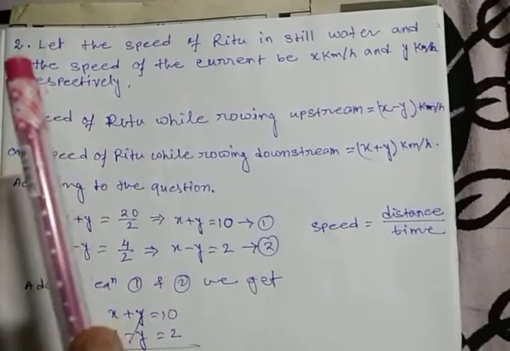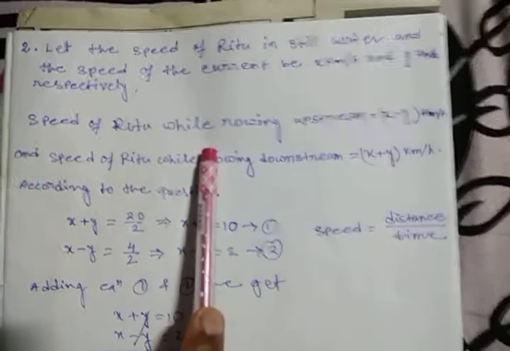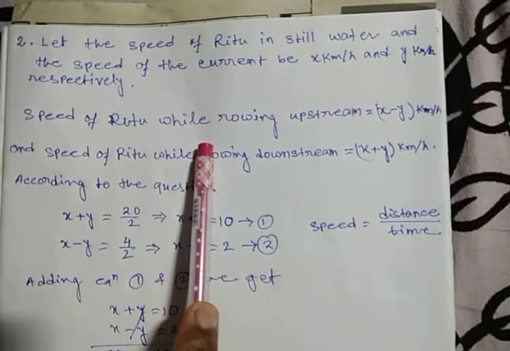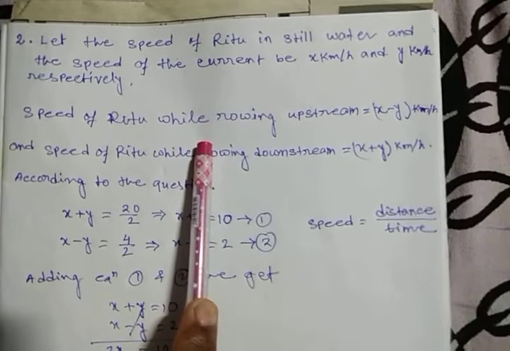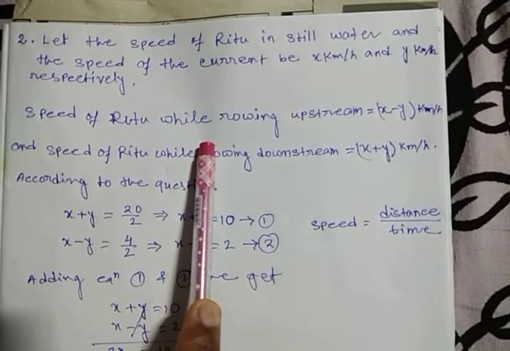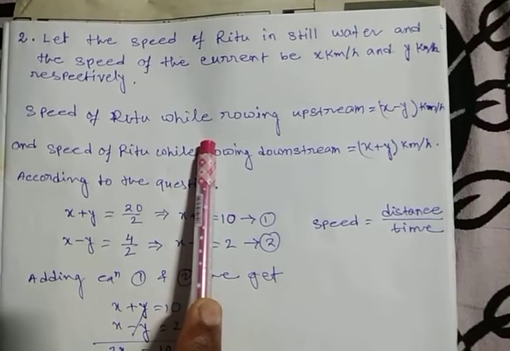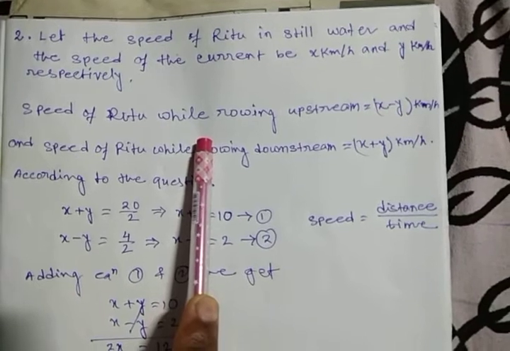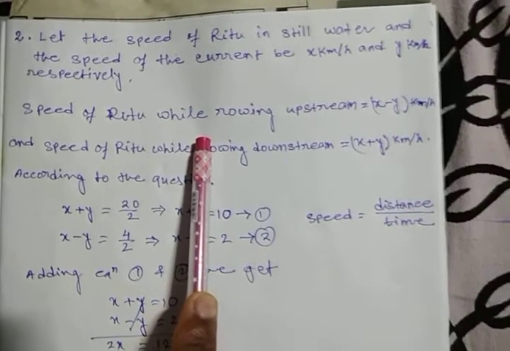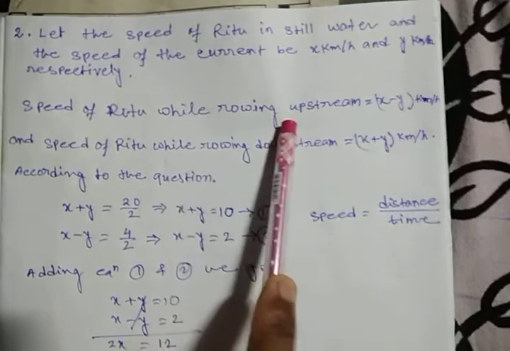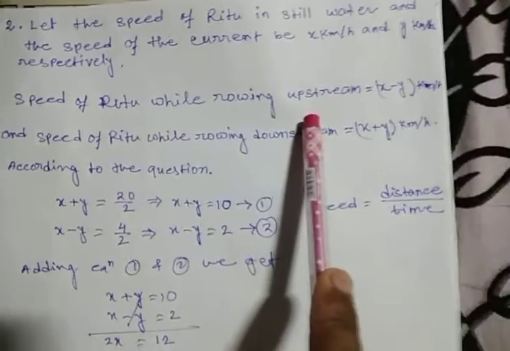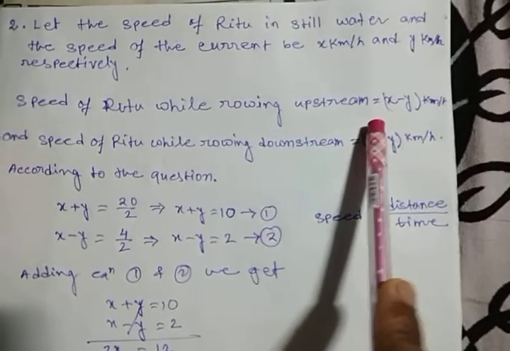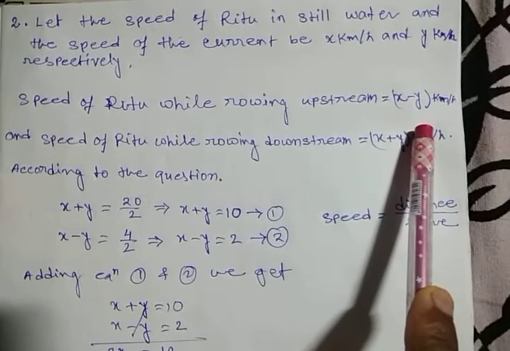While Ritu is rowing upstream, the direction of Ritu is opposite to the direction of the current. So we need to subtract the speed of the current from the speed of Ritu. So the resultant speed of Ritu while rowing upstream will become x minus y km per hour.